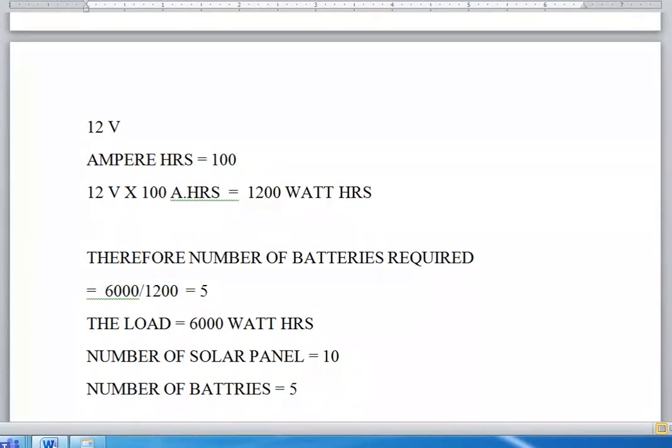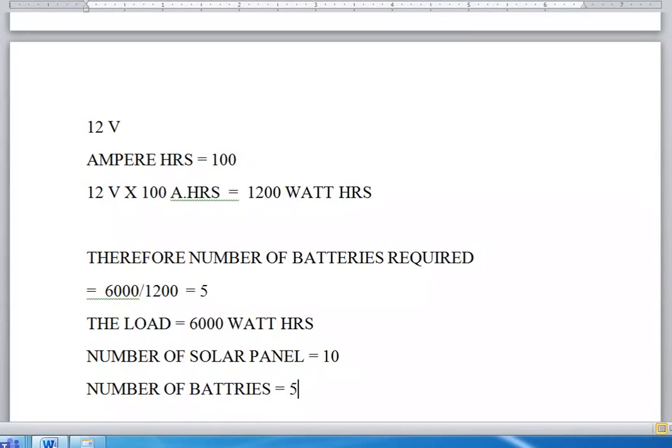Now with this small example, let us see what we can conclude here. 6,000 watt hours were estimated based on 4 hours of utilization. As I said, a good family will not use so much, so there is a decrease.